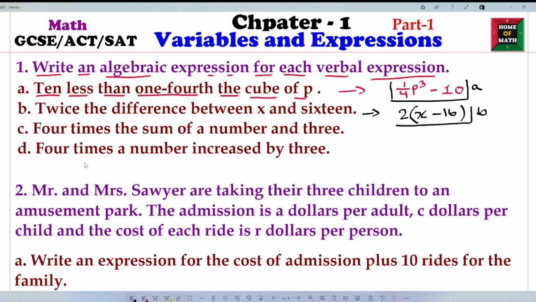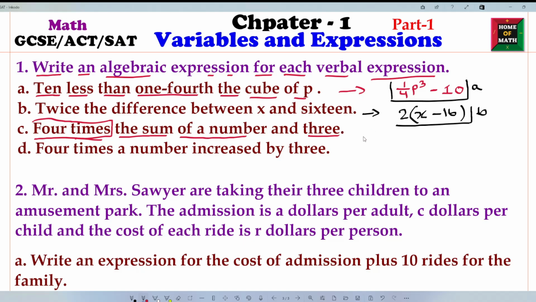Number C. 4 times the sum of a number and 3. Look, it's one important thing. 4 times what? The sum of a number and 3.